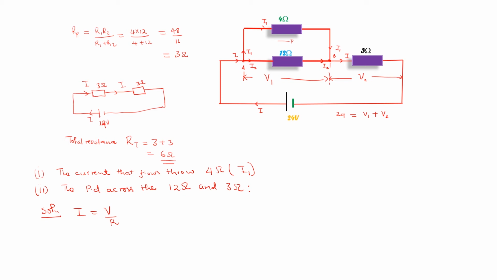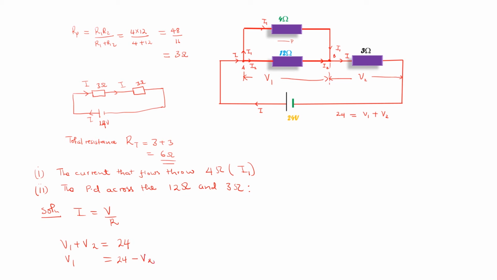But remember, since the 4 ohm resistor and the 12 ohm resistor are in parallel, the PD is the same, and that is V1. But we know that V1 plus V2 is equivalent to 24. Therefore, if I want V1, I can just say 24 minus V2.